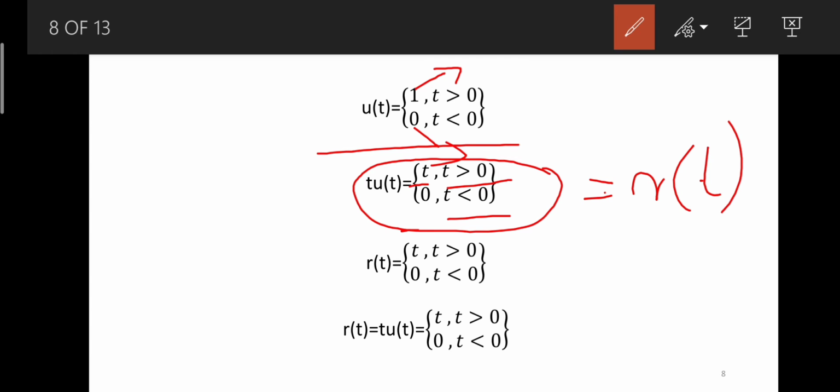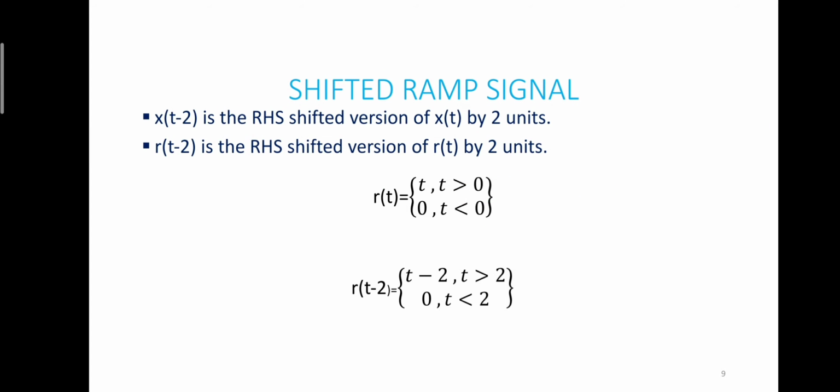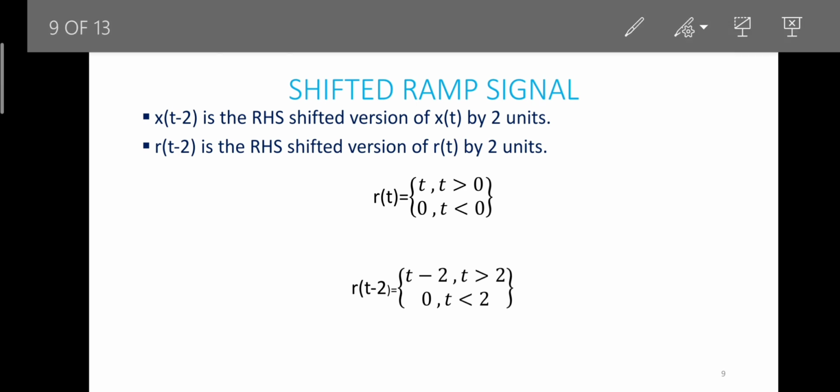So there are two types of expressions for ramp signal, that is, r of t can be defined as t into u of t. So let's do some shifting operation in ramp signal.